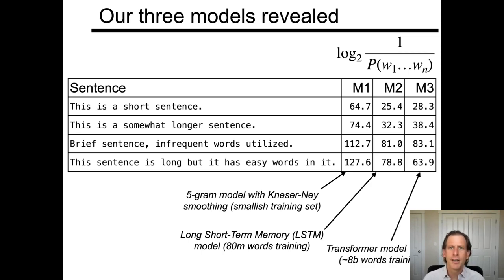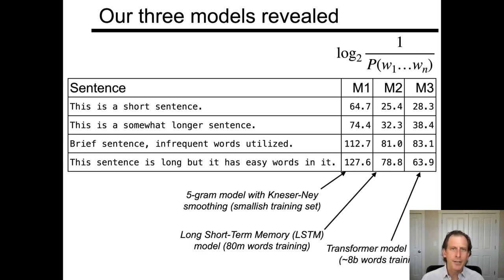And the last one is the very famous GPT-2 transformer model, which has an estimated something like 8 billion words of training data, which is many human lifetimes worth of training data. And you can see that they all have interesting performance. These are all legitimate sentences, and the neural language models have much lower surprisal on these sentences than the n-gram model.